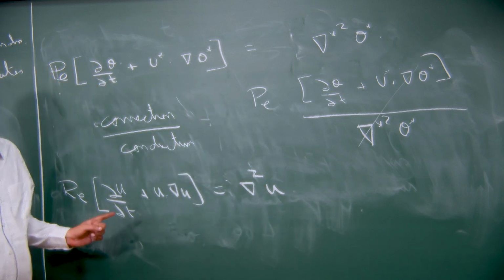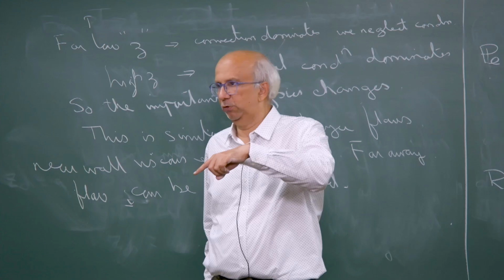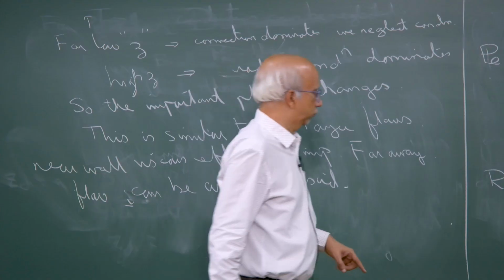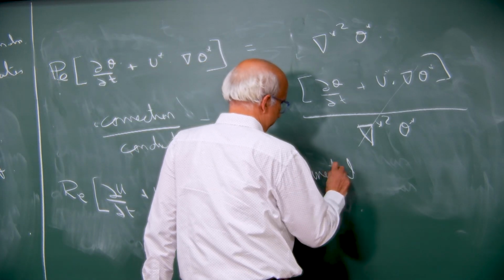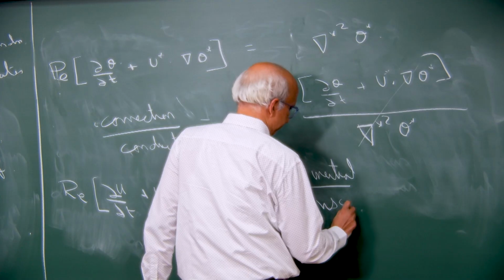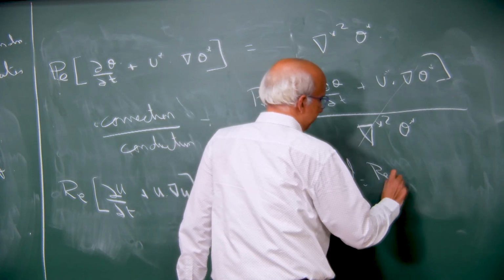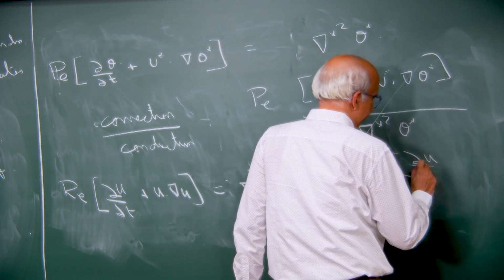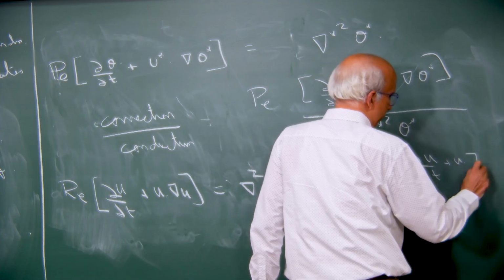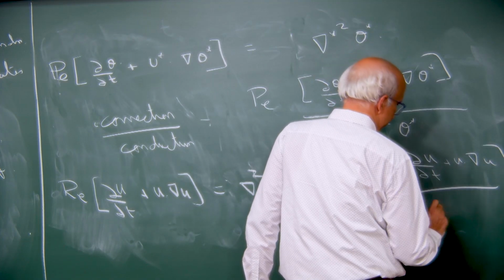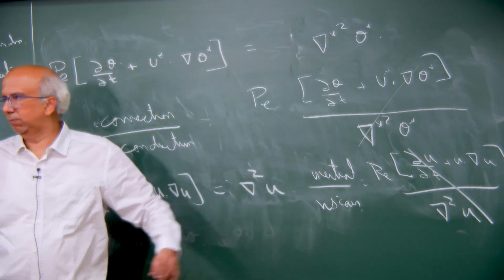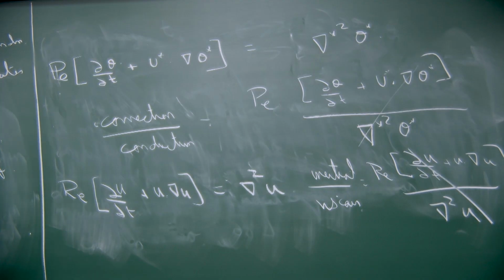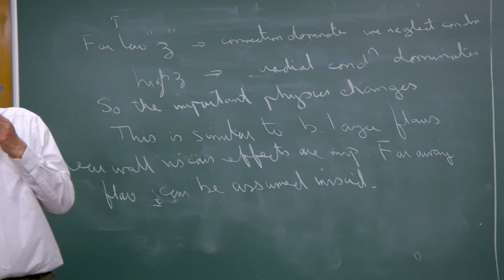So, you say the Reynolds number is the ratio of inertial to viscous. So, basically inertial to viscous is the Reynolds number multiplied by du by dt plus u dot del u divided by del squared u, and that is basically order 1 both, okay. So, that is the way to look at it.